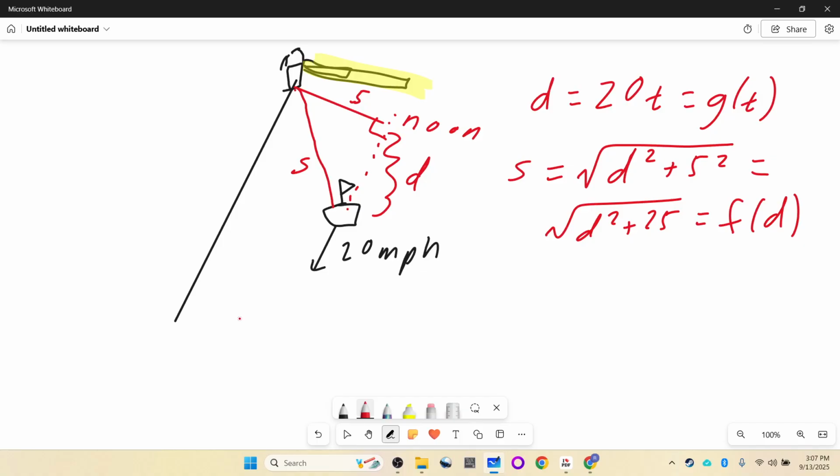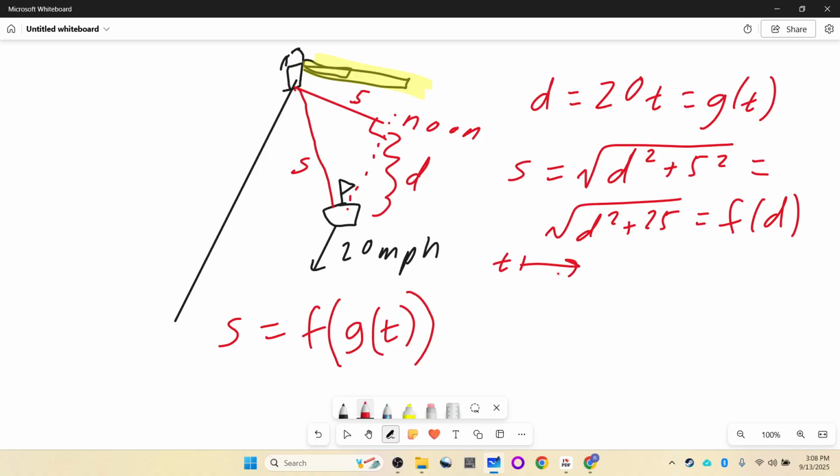So we want to write what S is as a function of time. Well, we would first take time. Apologize, someone honked their horn outside my window. First take time, plug it into G to get distance. And then we would plug that into F to get the diagonal distance. That's what's happening, right?